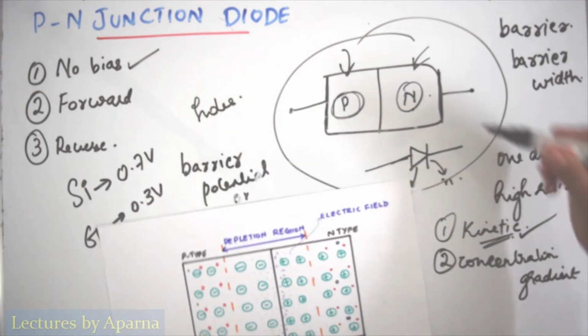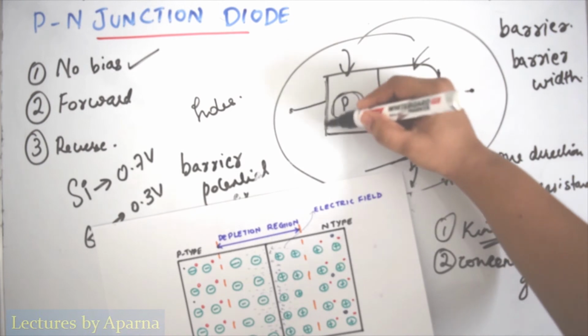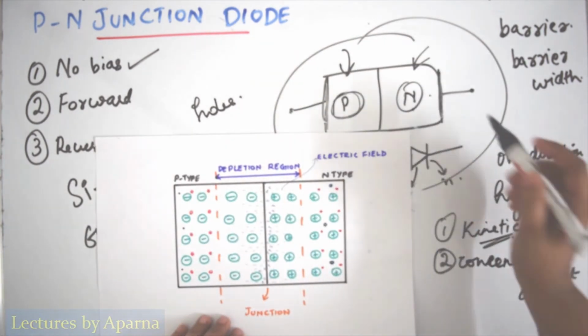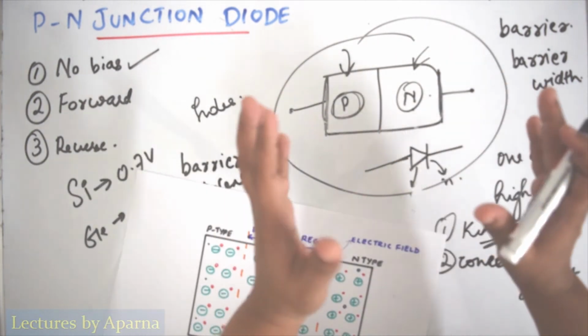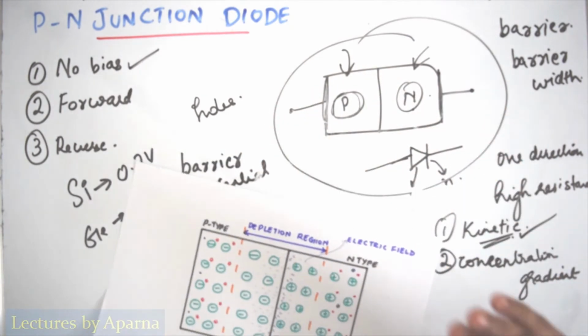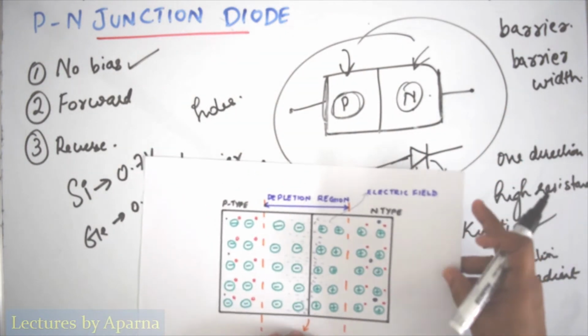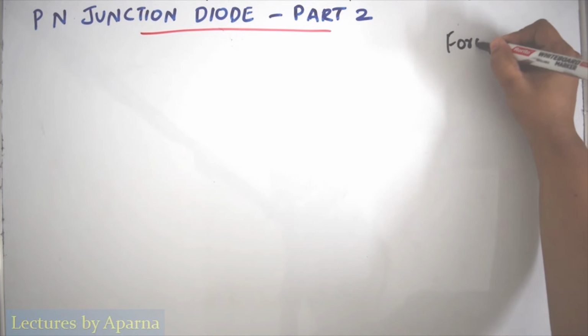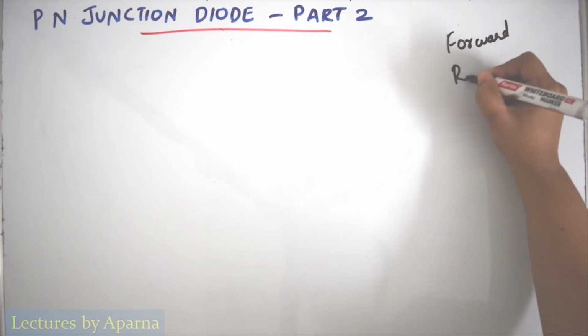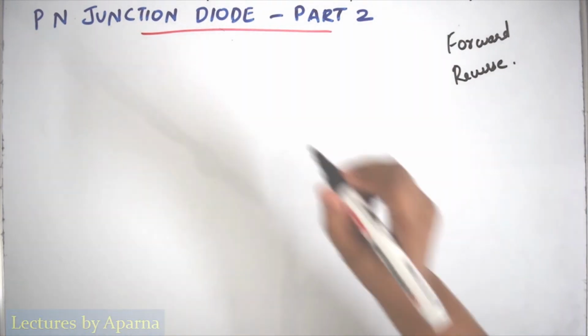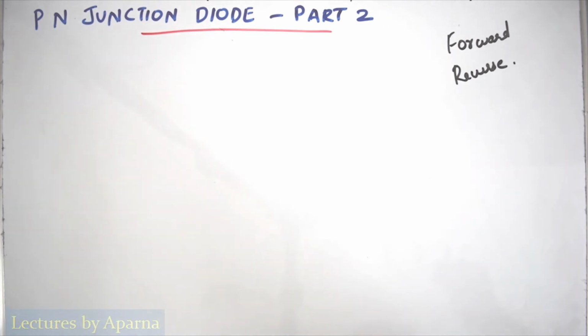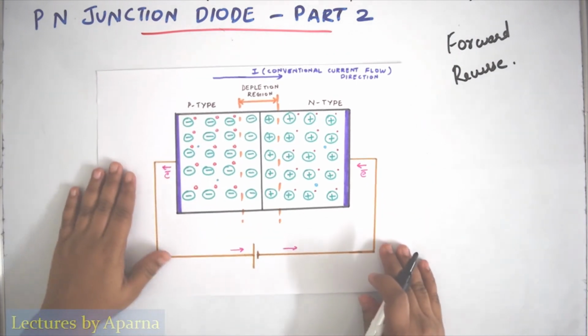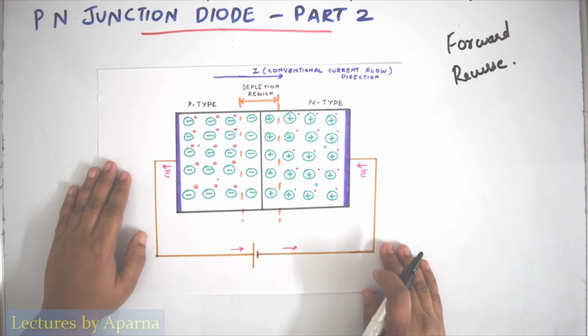Now by connecting metallic terminals across this, it can be made into a diode, and when biasing is given, it will behave in a different way. Forward bias and reverse bias condition of PN junction diode. So this is the condition when the PN junction is forward biased.